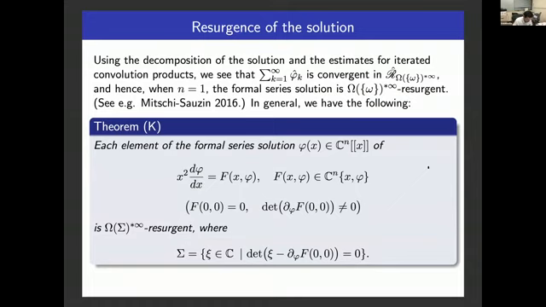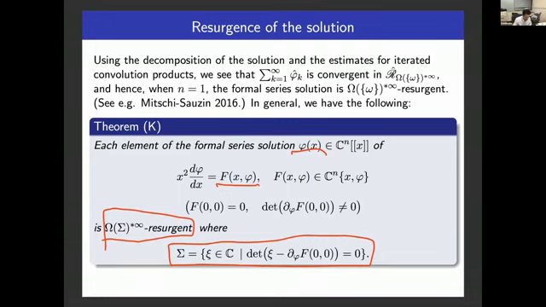Using a discrete filtered set given by this σ, where σ is determined by the eigenvalues of the linear part of the equation, we can show that the formal series φ(x) is Ω_σ^⋆∞ resurgent.